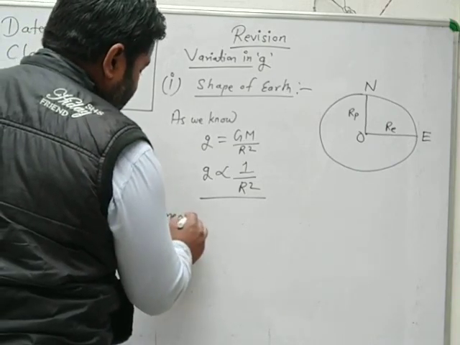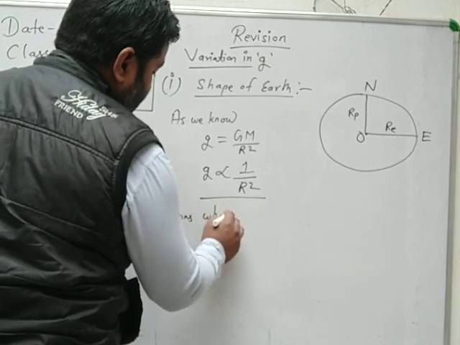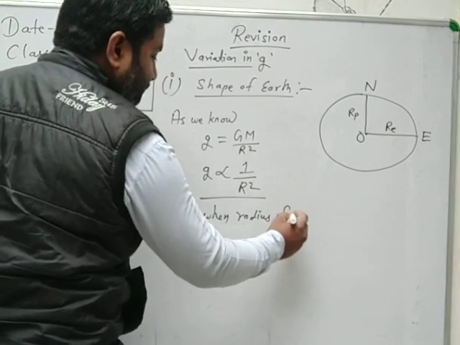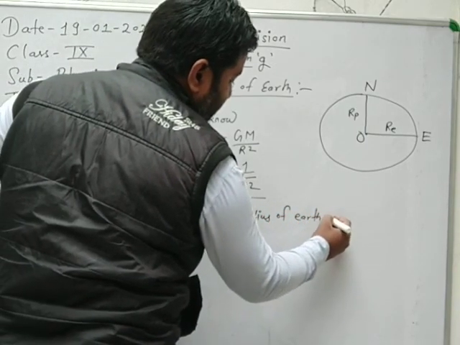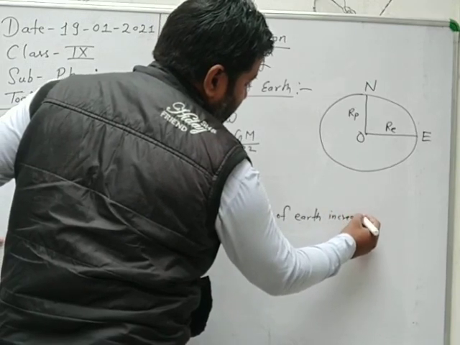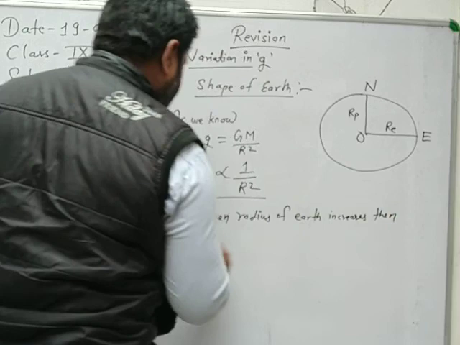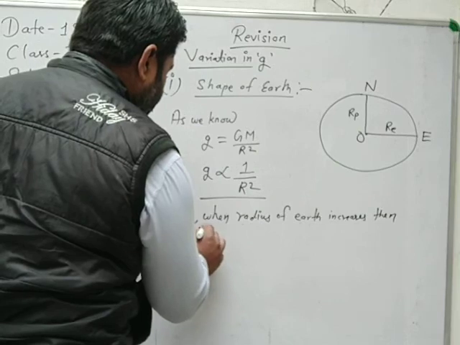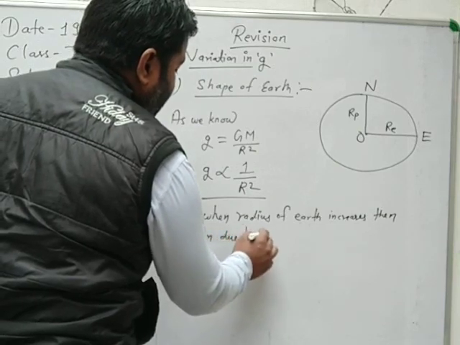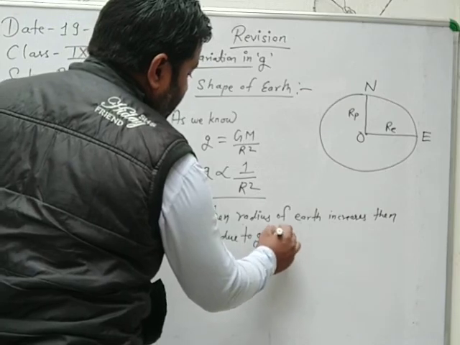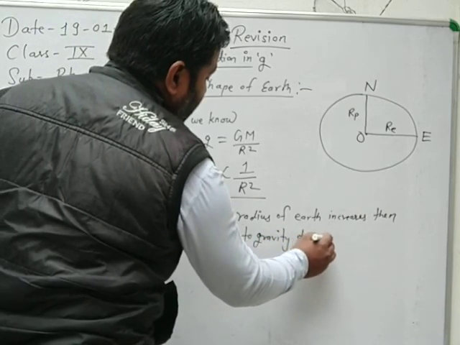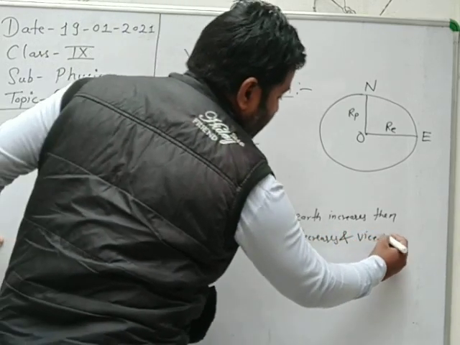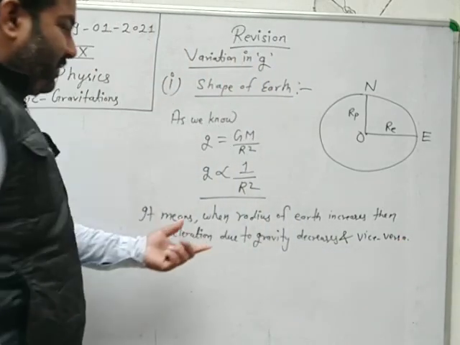It means when the radius of earth increases, then acceleration due to gravity decreases, and vice versa, just the opposite.